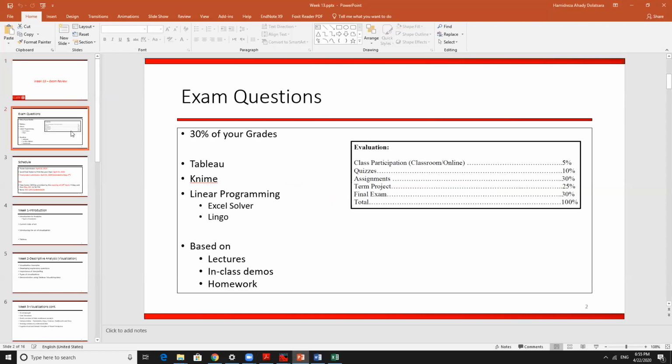So basically, 30% of your overall grade is from the final exam. Again, I know this semester you have some options like pass or fail. If you're less than B minus and you select pass or fail, you are failed. But again, this semester, I think most of your instructors would be generous.